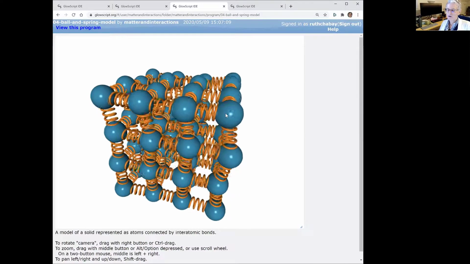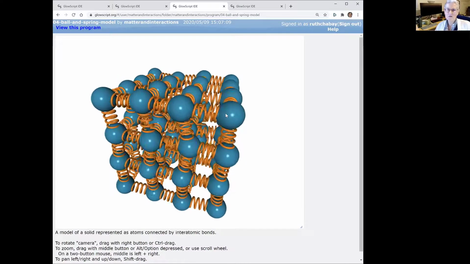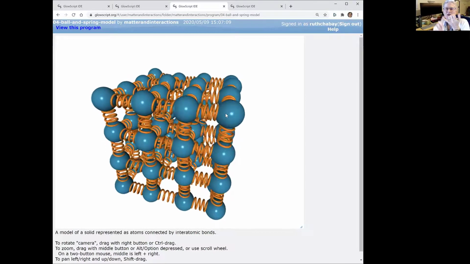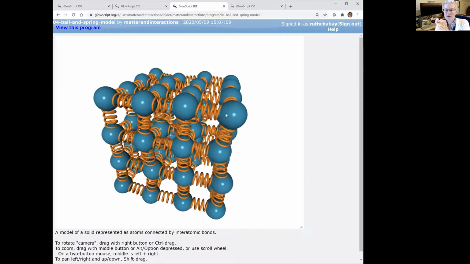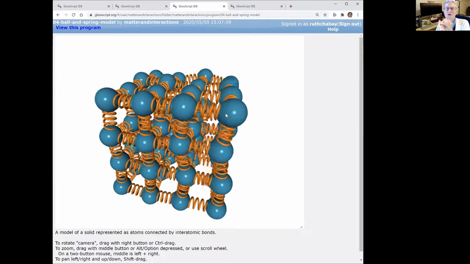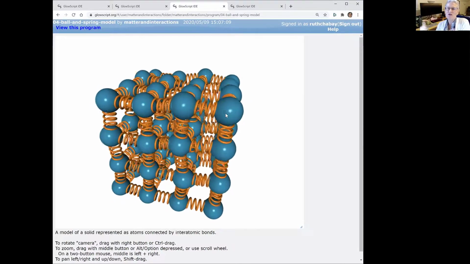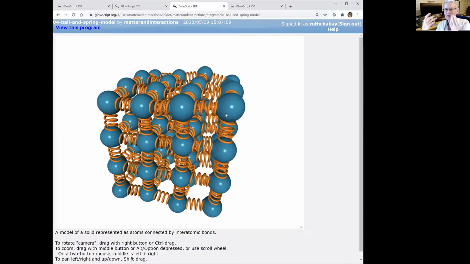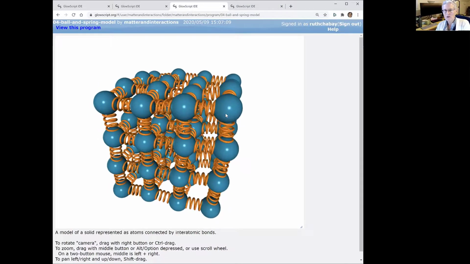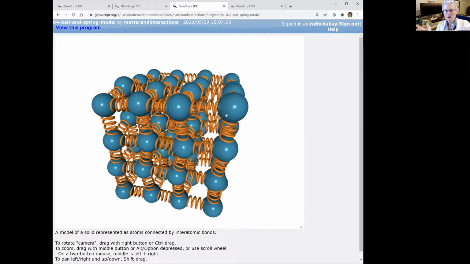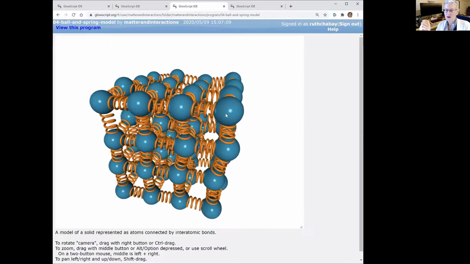But when we have 10 to the 23rd atoms, it's going to be really awkward to try to find out exactly the speed of each one and the exact state of compression or extension of the bonds. So we need some more macroscopic way of describing and accounting for energy inside extended objects.